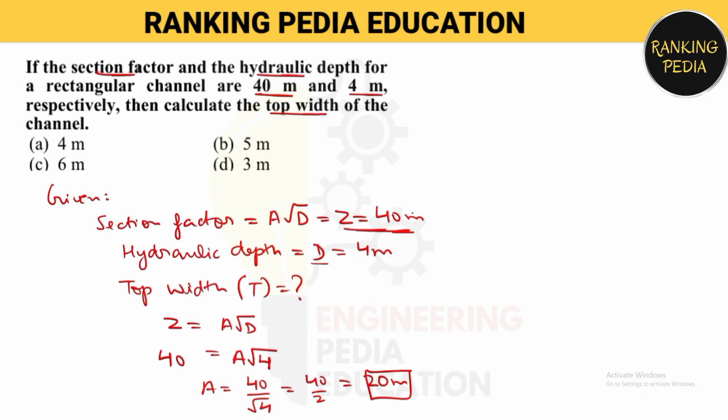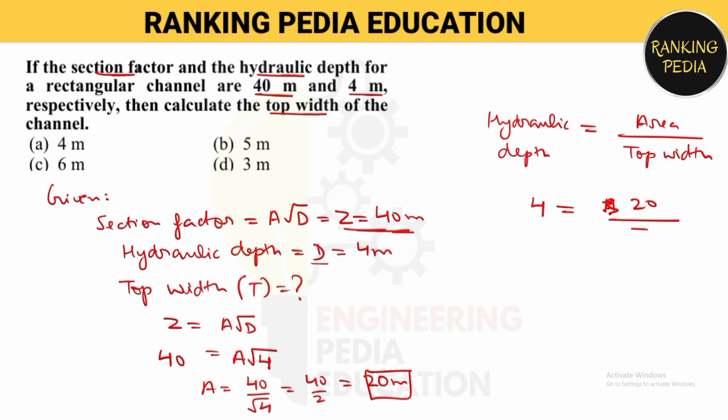Now we will calculate top width. Hydraulic depth is equal to area by top width. Hydraulic depth is 4 meter, area is 20 by top width. We have to calculate T, which is 20 by 4, and T is 5. So top width is 5 meter.